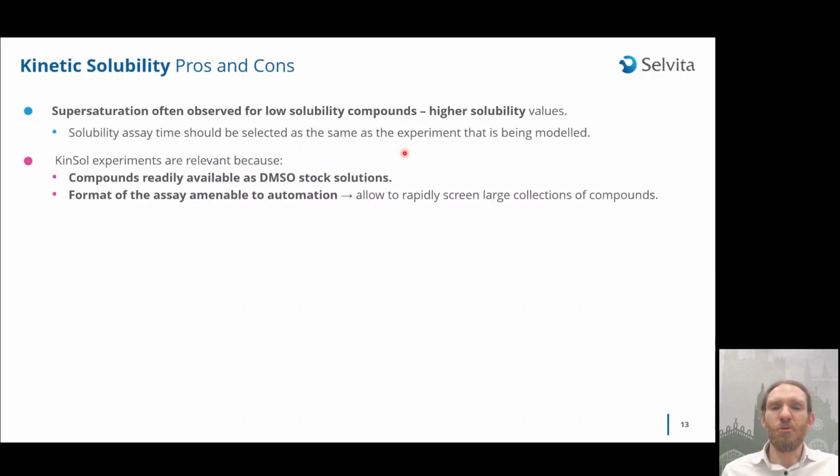But why select, in general, a kinetic solubility assay if thermodynamic gives much better, much more reliable data? First of all, compounds are readily available as DMSO stock solution. Companies have large databases, libraries of compounds as DMSO stock solutions to be readily available for any assay.